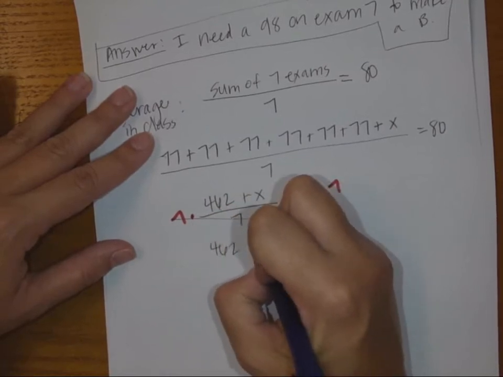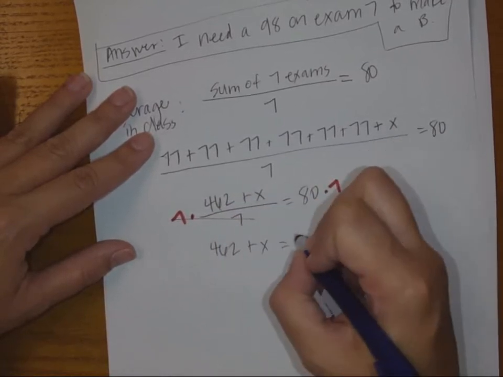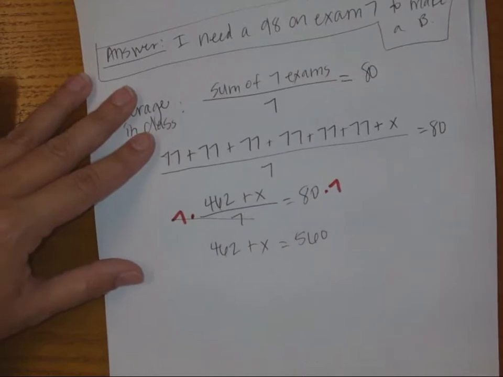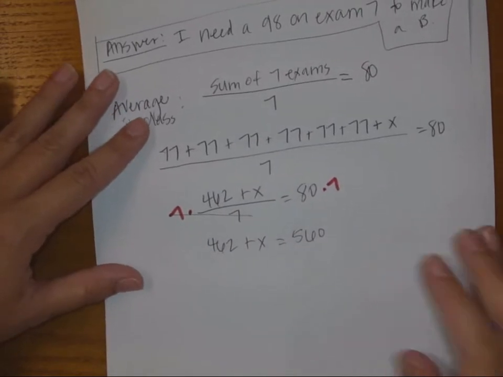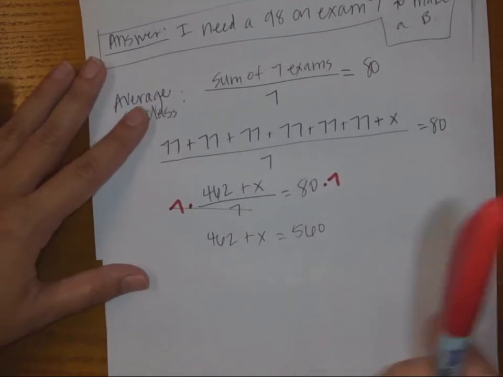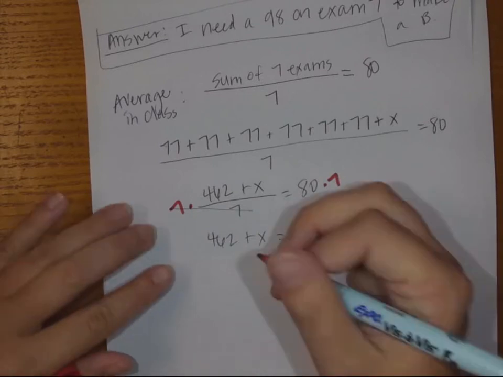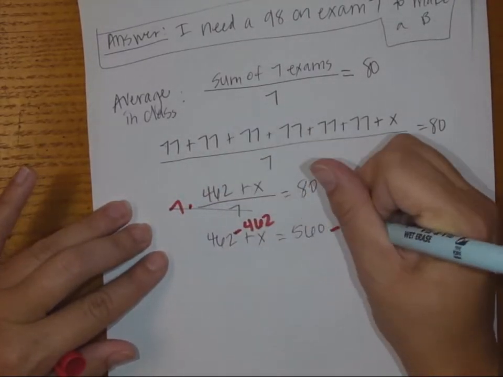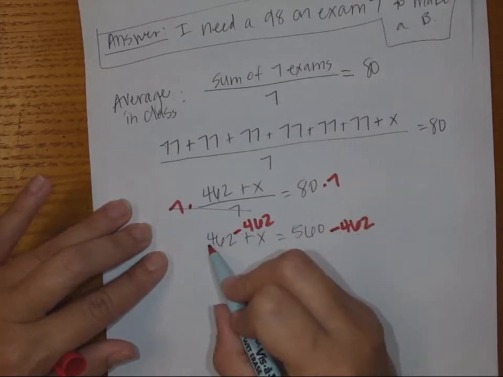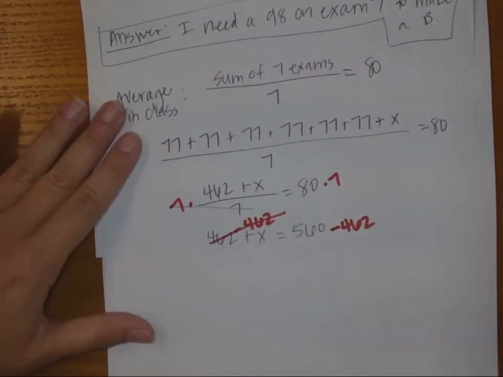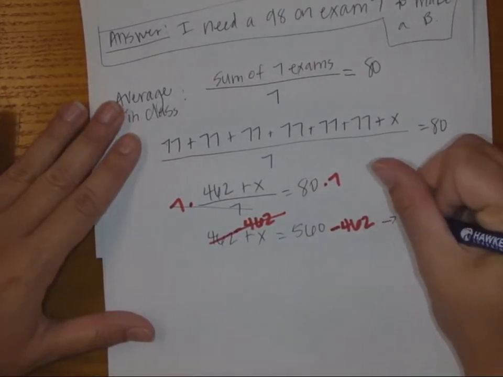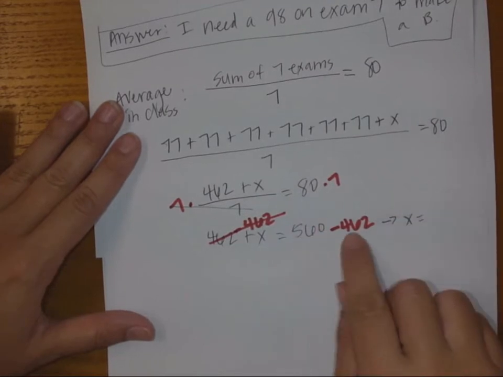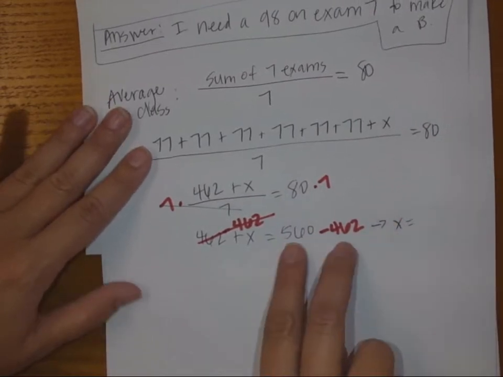So 462 plus X equals 80 times 7, which is 560. Now, to solve for X, I'm going to subtract 462 from both sides. Those two undo each other, and I end up with X equals 560 minus 462.